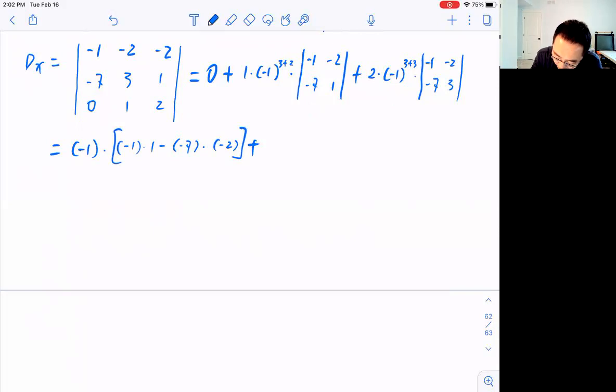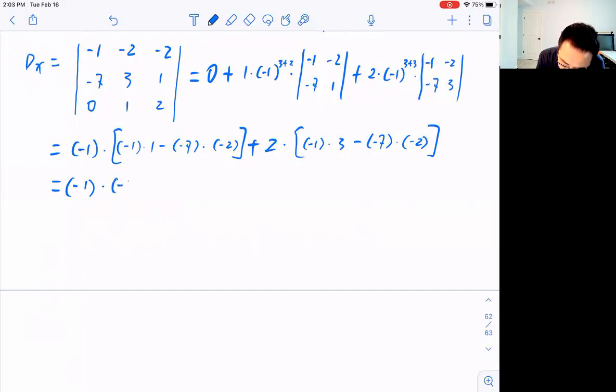So we just have 2 times negative 1 times 3 minus negative 7 times negative 2. And that gives you negative 1 times, so that's negative 1 minus positive 14, which gives you negative 15.